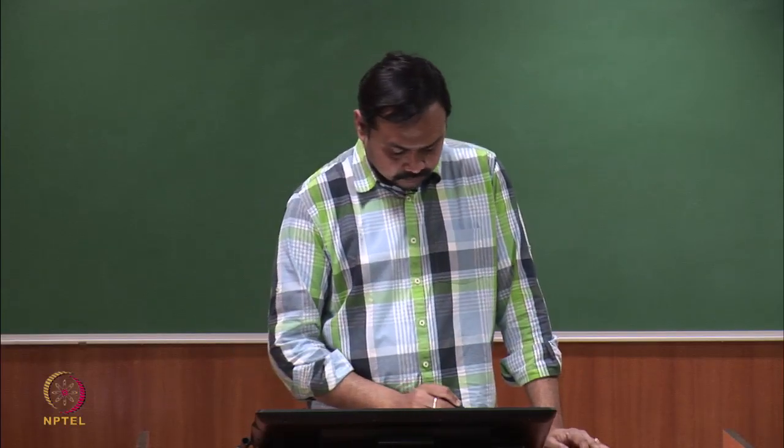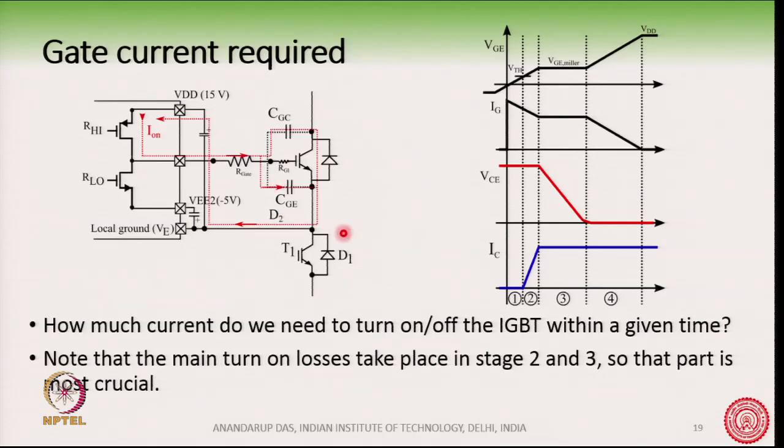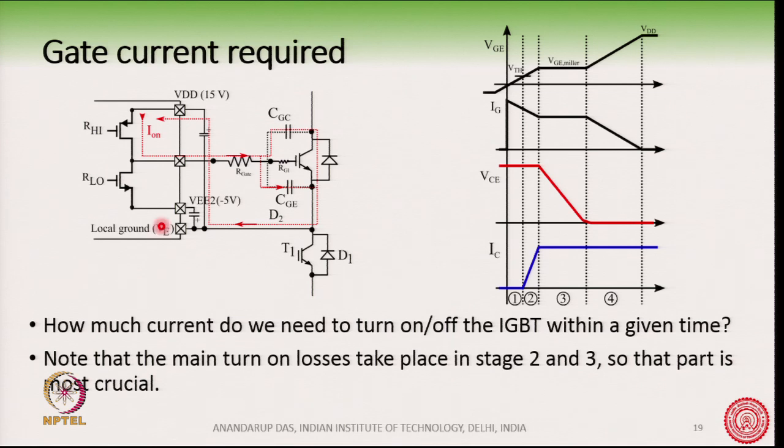Now, once we have understood the process, the question comes: how much current do we need from the gate driver? This is our gate driver here. How much current will I need from the gate driver within a given time? In order to understand this, we should note that the main turn on losses of this device take place in stage 2 and 3.